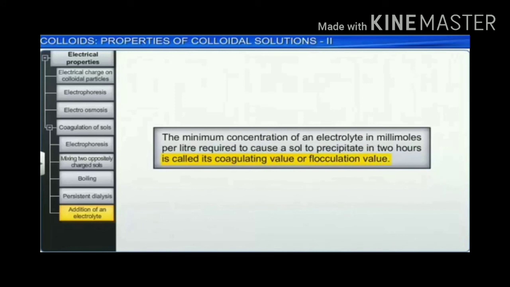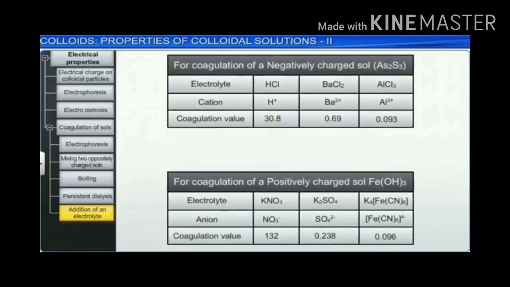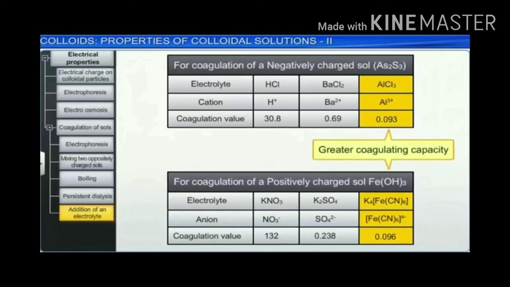It is important to note that the smaller the flocculation value, the greater is the coagulating power of the electrolyte. You can see from the table that the Al3+ cation and the [Fe(CN)6]4- anion have extremely low flocculation values. Therefore, they exhibit greater coagulating capacity as compared to other ions in their category.